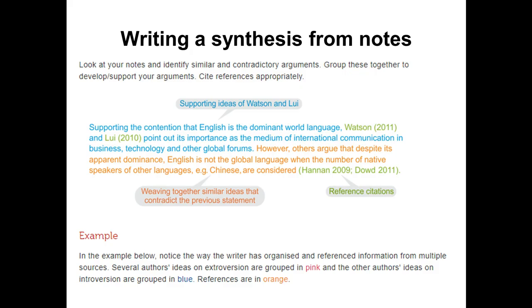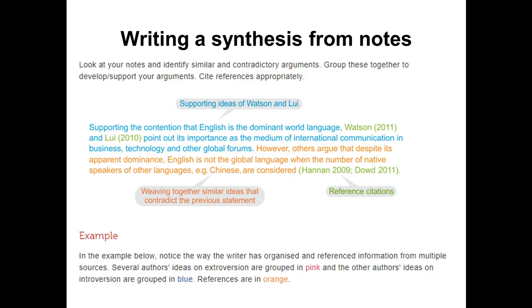Reference citations. Example. In the example below, notice the way the writer has organized and referenced the information from multiple sources.